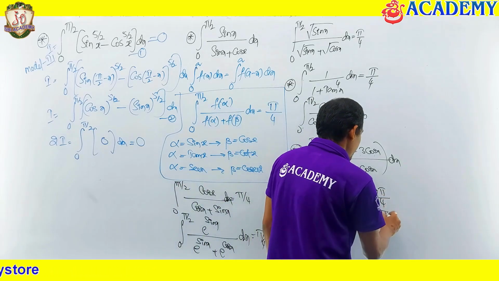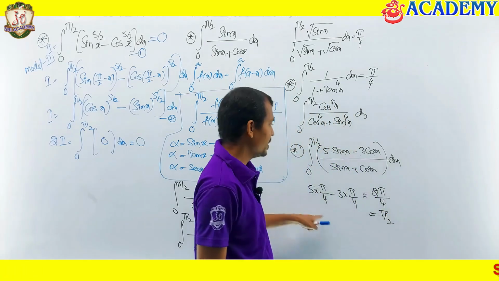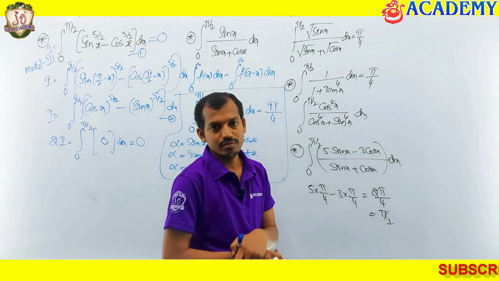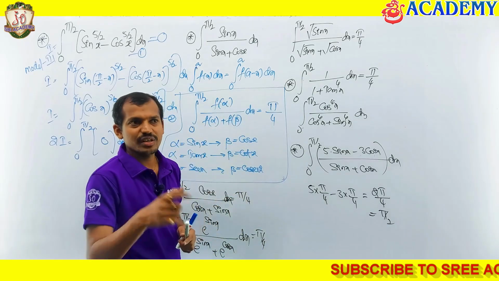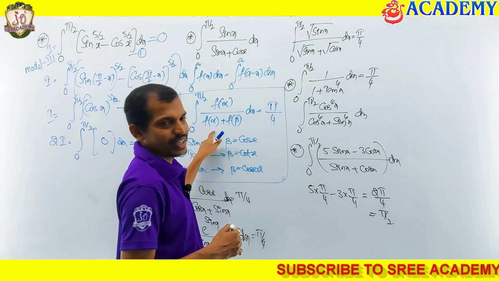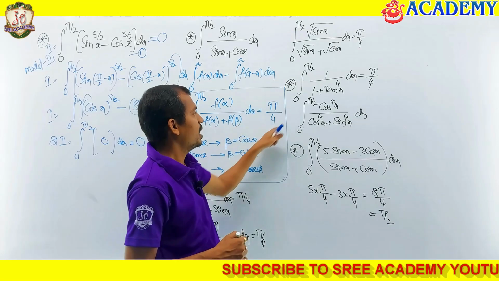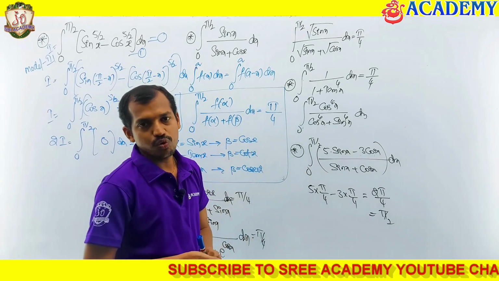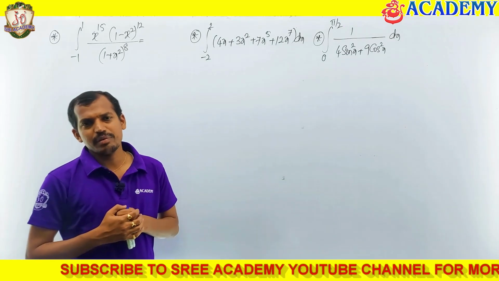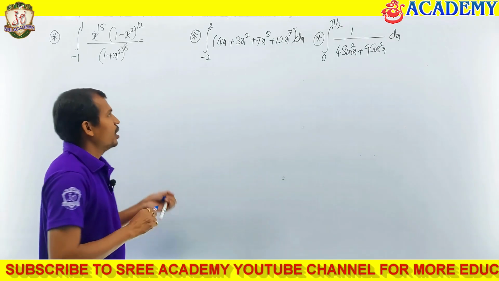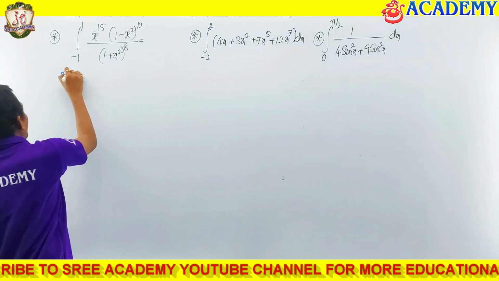The answer is going to be pi by 2. If you follow the method, you will also get it like this only. This is one more model. If you remember this, indirectly you are going to get the answer. Okay, that is always going to be pi by 4. Right, I am naming this type of problems as model number 4.